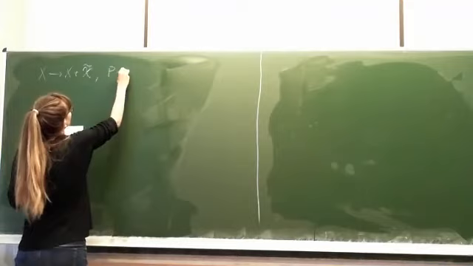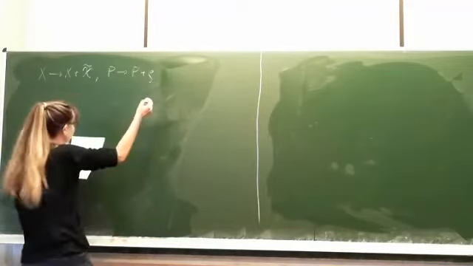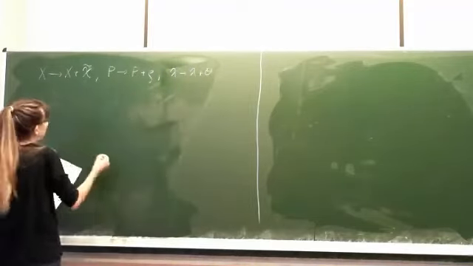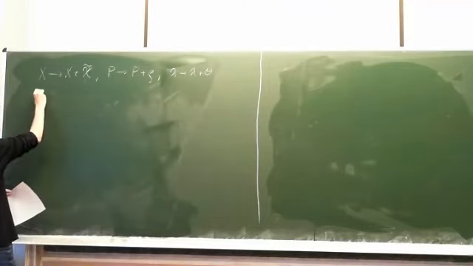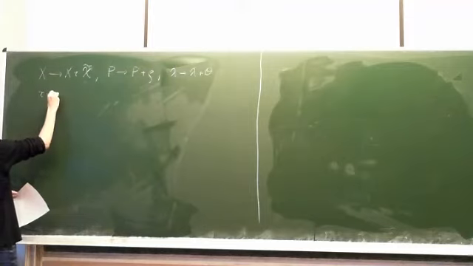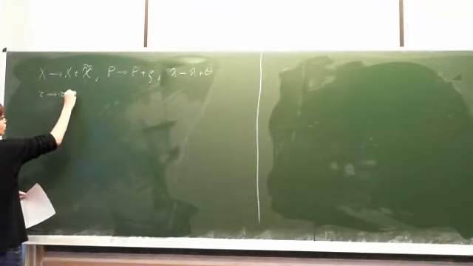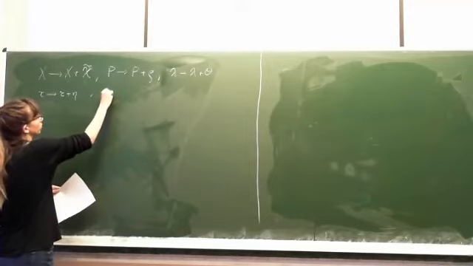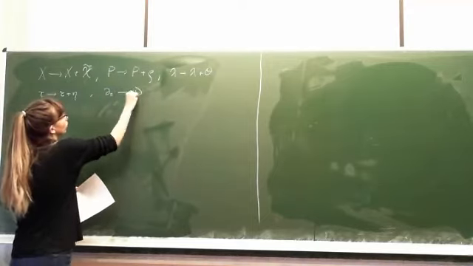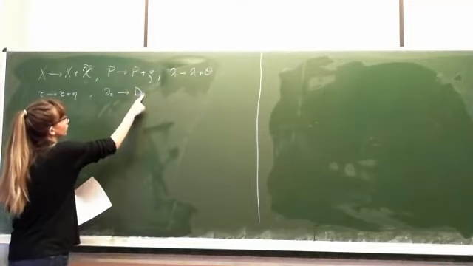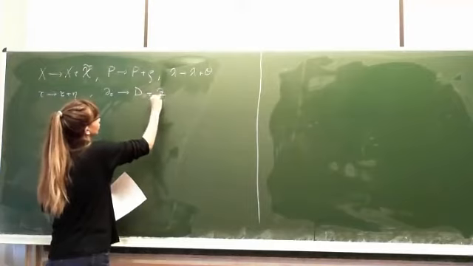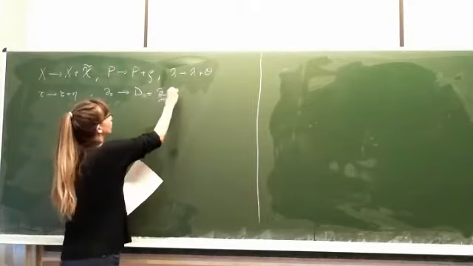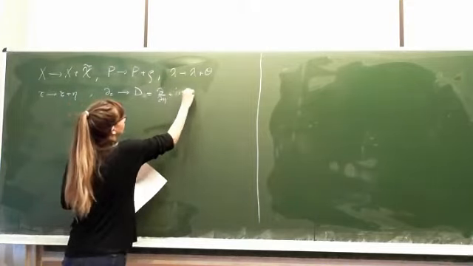Then lambda to lambda plus theta. And you send also your time tau to tau plus theta, and you substitute your partial derivatives with respect to tau into super covariant derivatives, plus i theta d tau.